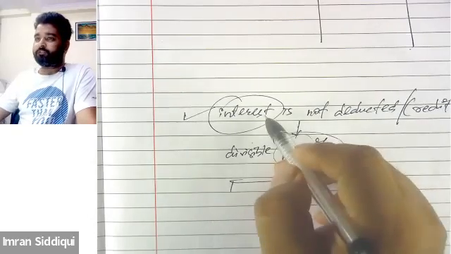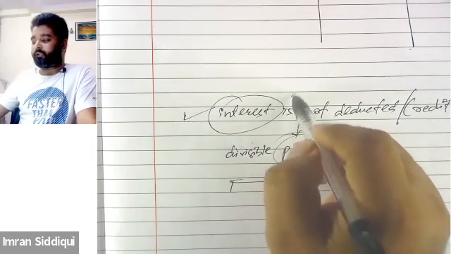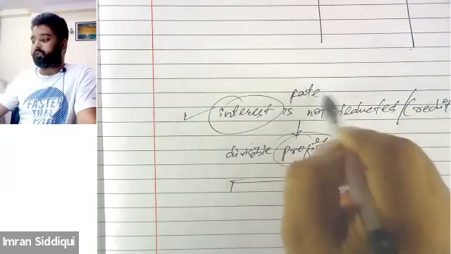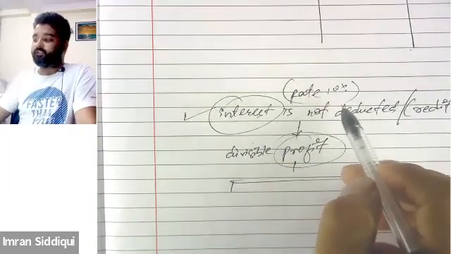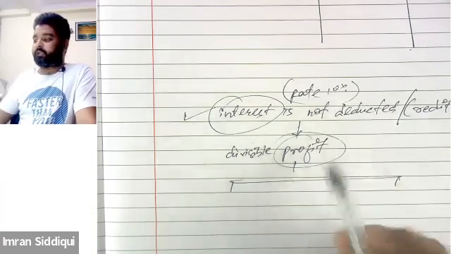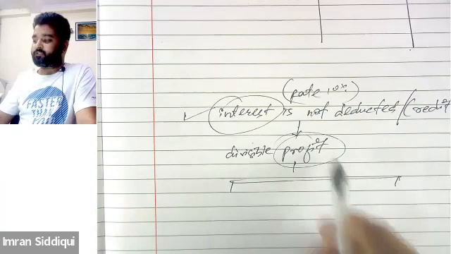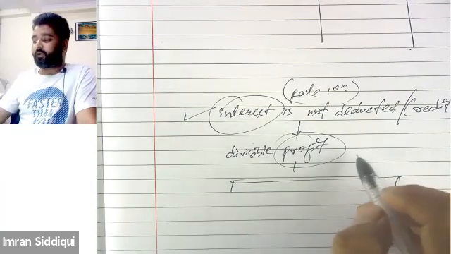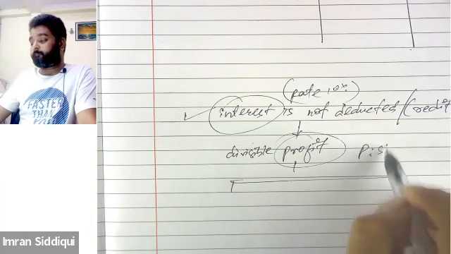So interest that should be credited among the partners at a particular rate, let's suppose the rate of interest was 10% per annum. But instead of crediting the interest on capital at the rate of 10% per annum, we have by mistake divided such interest considering that it is a profit, and such profit must have been allocated among the partners by way of profit share, in the profit sharing ratio.